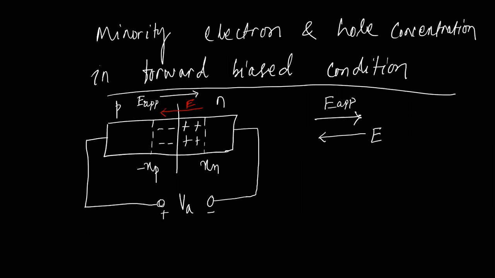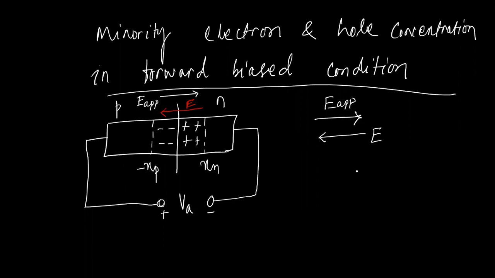Now when you apply this electric field opposite to the induced electric field, the diffusion force of the electrons from the N side and the holes from the P side will increase. Gradually the electric field induced in the space charge region will be affected, and more majority charge carriers from N region to P region and P region to N region will flow. Ultimately the PN junction will have a current.